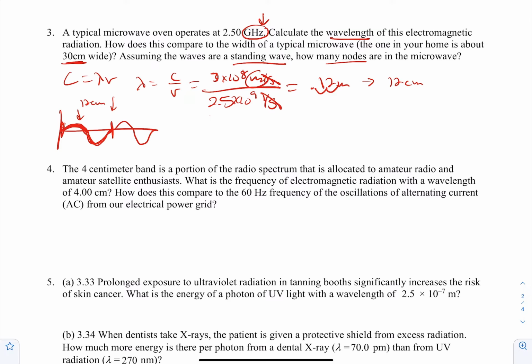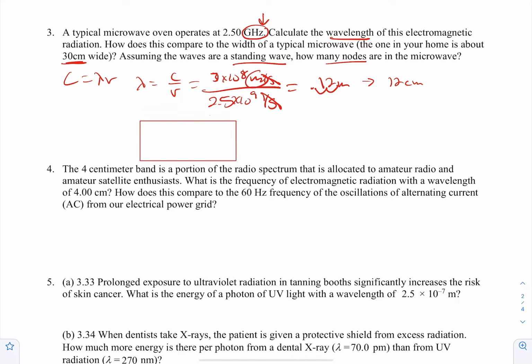So if I draw the microwave, I get a microwave here. If I'm trying to figure out how that compares to the width of a typical microwave, I can take the length of the microwave, which we know is 30 centimeters, and divide it by each wavelength.